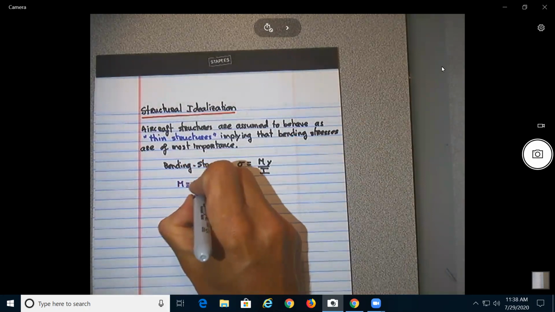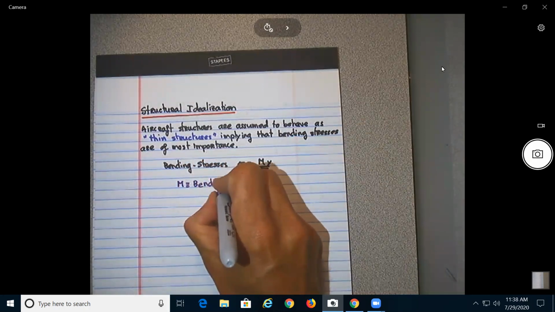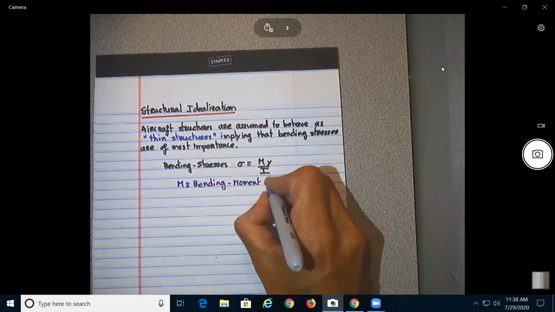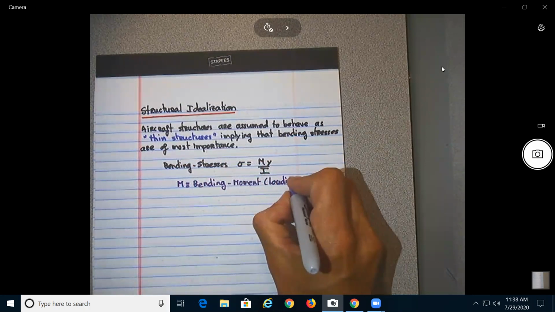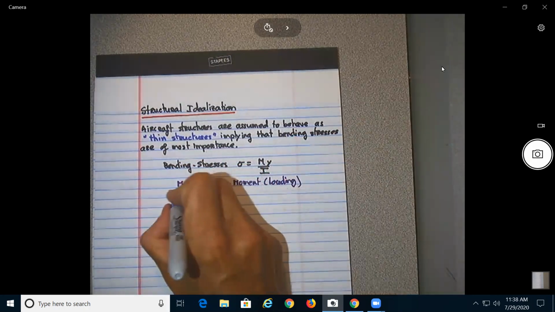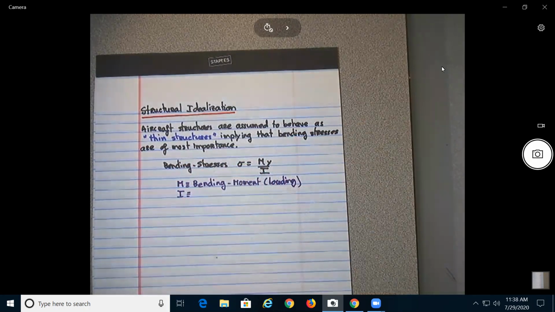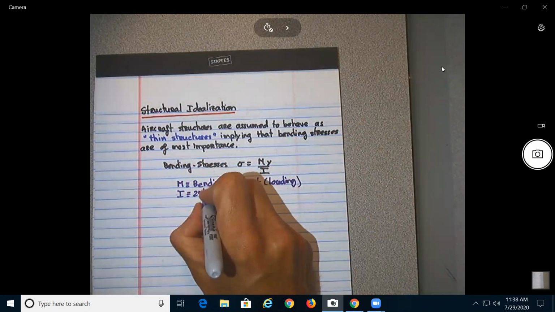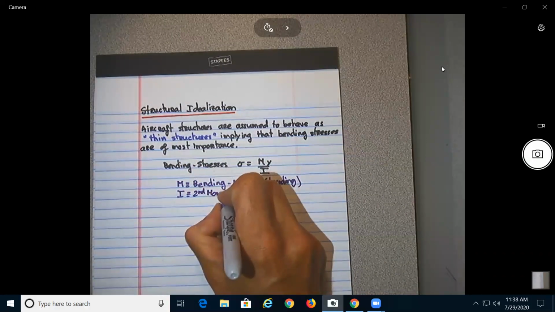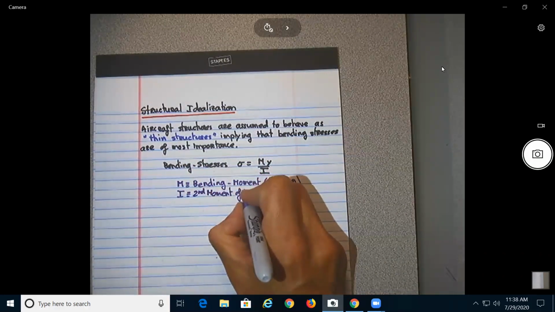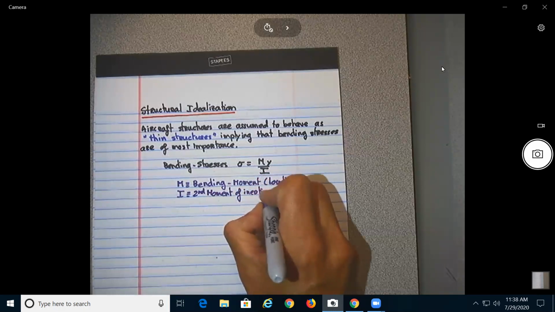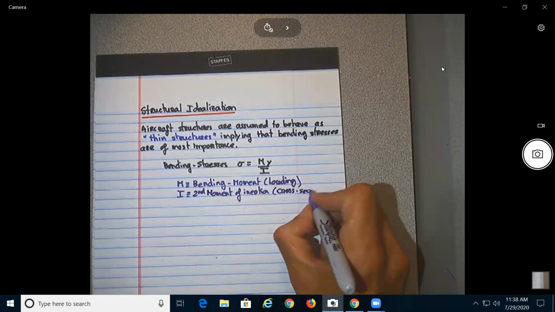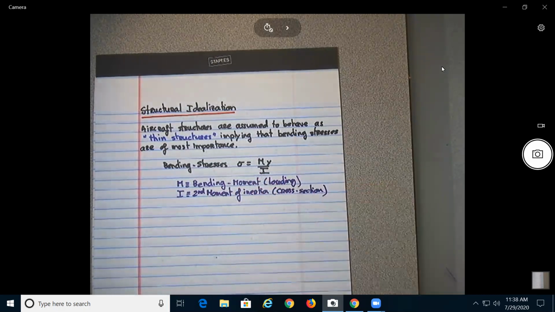So this one is related to the loading. And then this is the important part here. What is I? I is the second moment of inertia, or the moment of inertia. And this one is related to the cross section, okay?